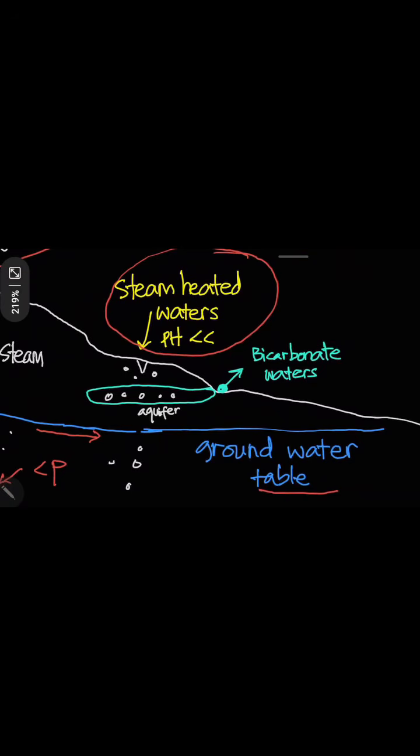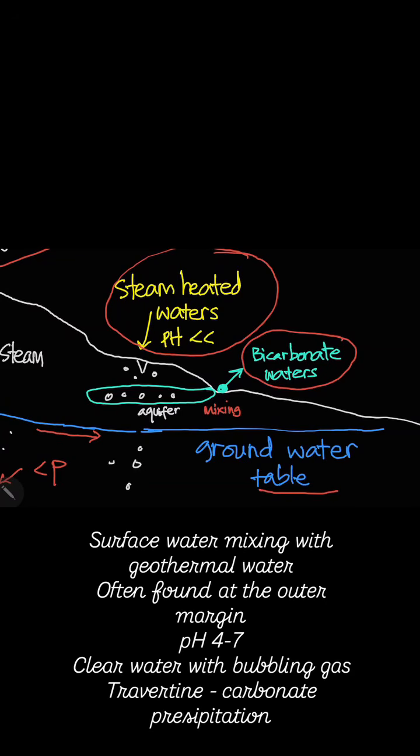And if we go along that shallow aquifer, and there is another process called mixing with the original fluid in the aquifer, it may result in bicarbonate water. That's usually on the periphery of the system, at the edge of the system.